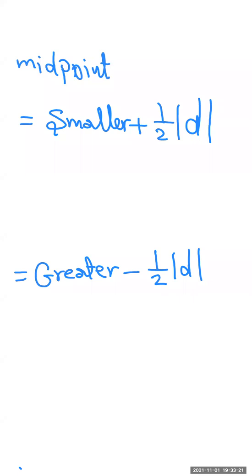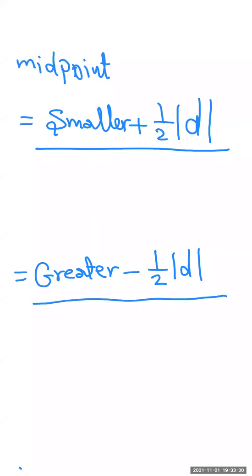So there are two rules, okay? One from the side of the smaller and one from the side of the greater. Okay, what's the distance?